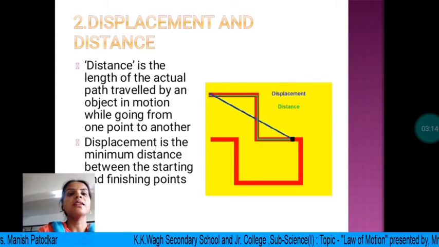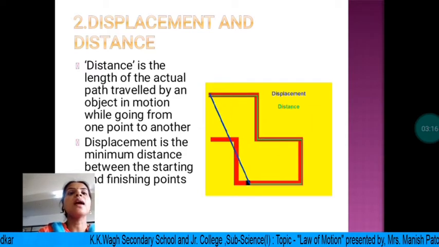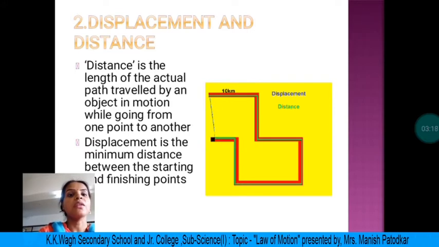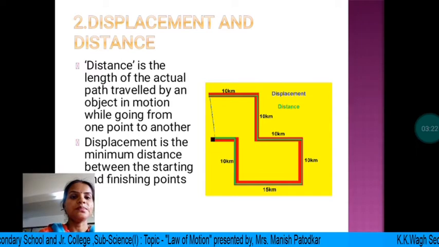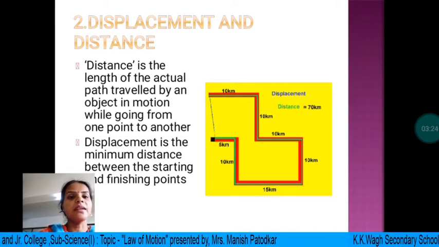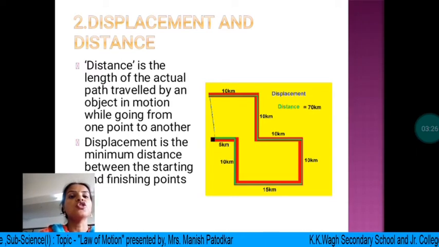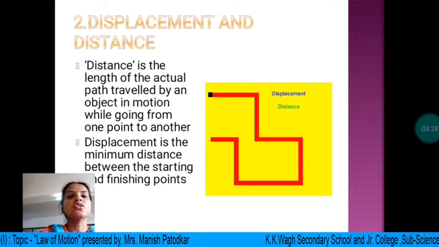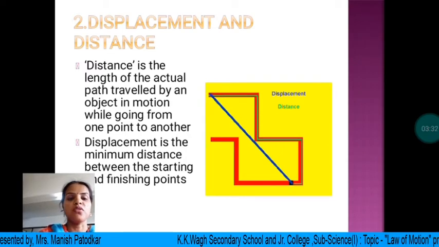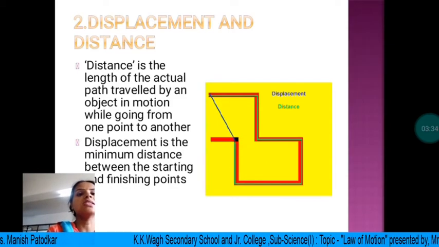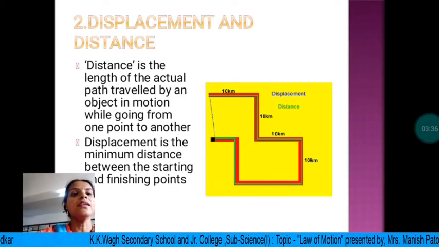That is nothing but the actual length traveled by an object in motion while going from one point to another. While if you observe displacement, displacement is the shortest or minimum distance between the starting and the finishing point. That is the concept of distance and displacement.